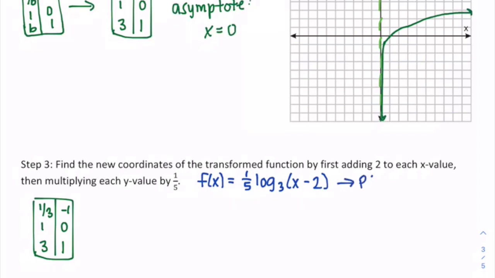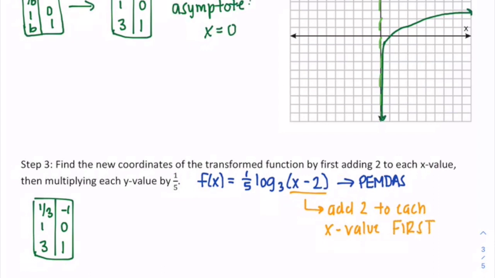So when you're applying these transformations, you want to think in terms of your order of operations. You see that we have x minus 2 in parentheses. That means you're going to add 2 to your x values first. That's going to be the first thing you do. And remember, we're adding 2 because when it's in parentheses, we take the opposite sign.